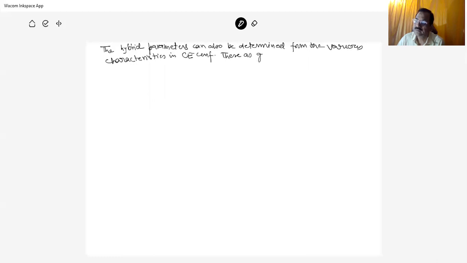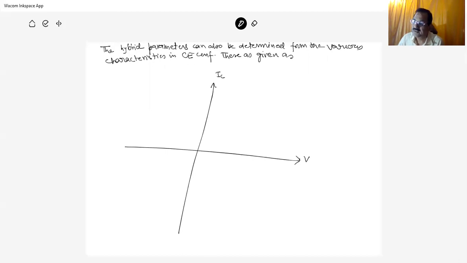Suppose this is the voltage VCE and this is the IC current. So this is the output characteristic, and this output characteristic can be plotted.